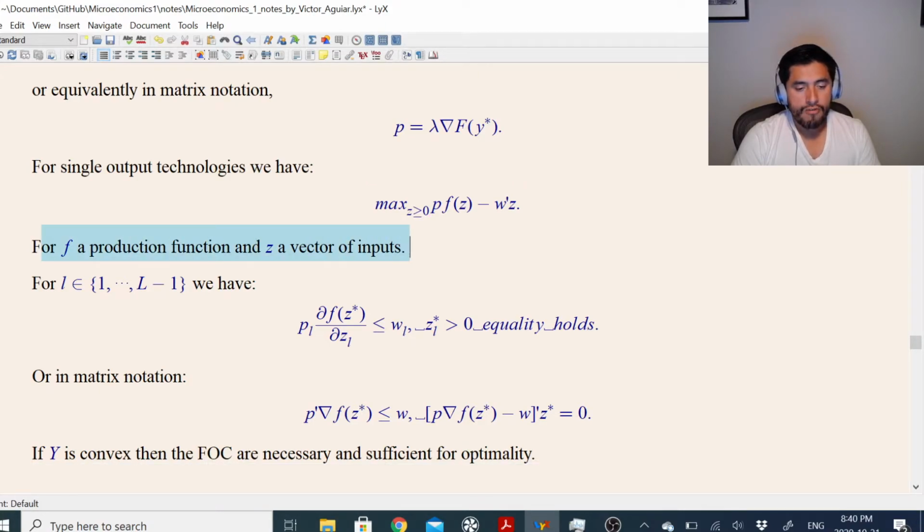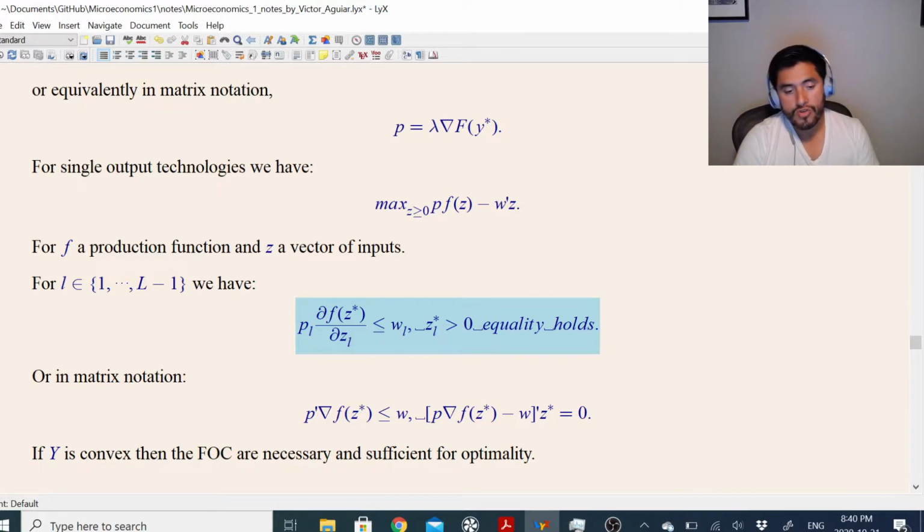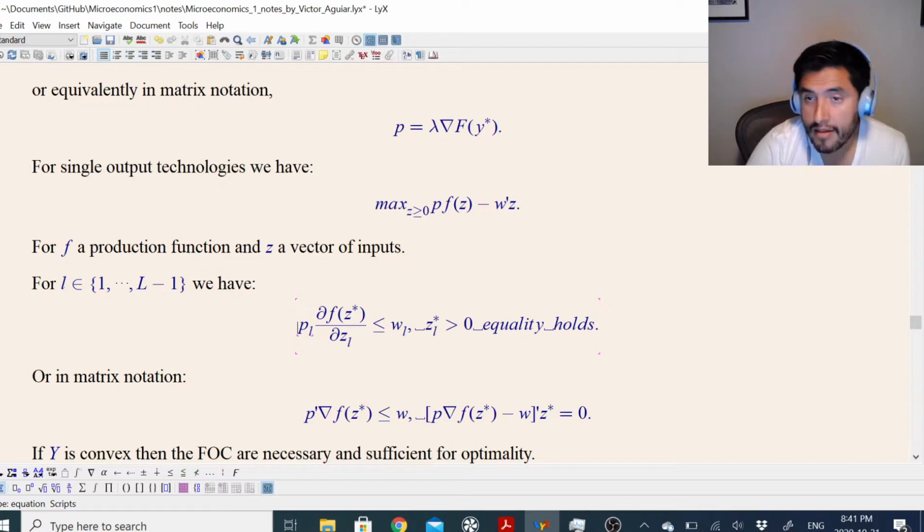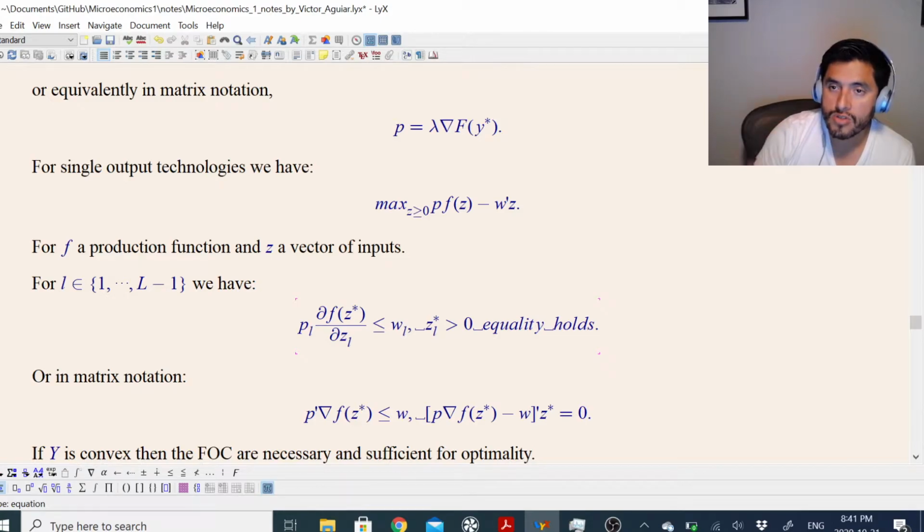f is a production function, and now the first order conditions, allowing for corner solutions, can be given by the following set of inequalities, which are the Karush-Kuhn-Tucker inequalities of this problem. So this is p, the price of the output, multiplied by the partial of the production function with respect to the input z_l. This is less than or equal to the price of the input w_l, with equality whenever the quantity of input is not at the corner, so it's a positive quantity.